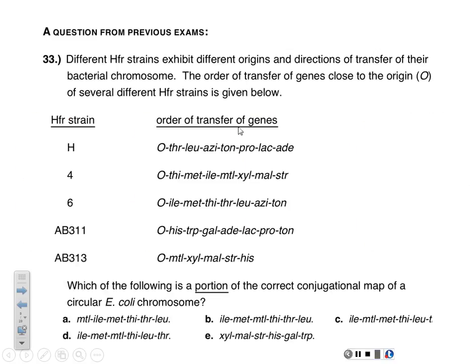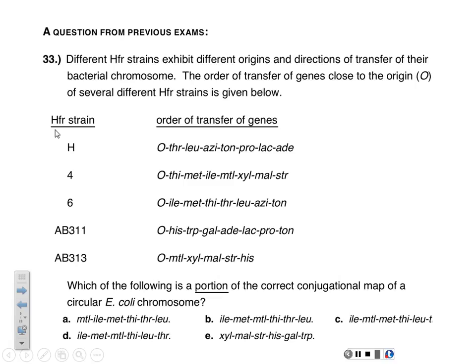So this is the kind of data you would expect to see in conjugation mapping. So an E. coli that has the F plasmid integrated into its chromosome gets a fancy name. It's called an HFR, high frequency of conjugation. That's what that's short for. But you make an HFR strain.